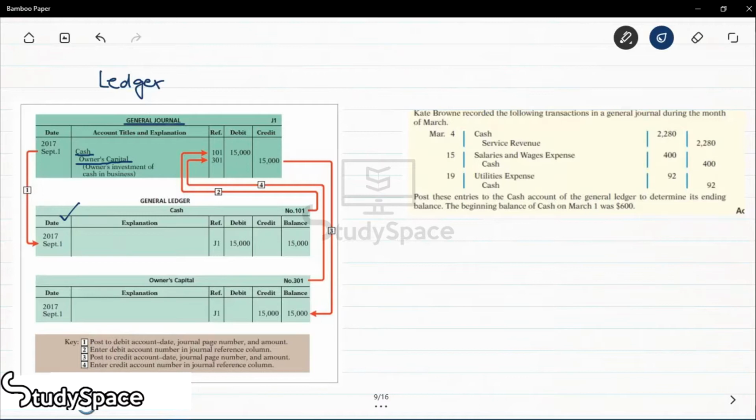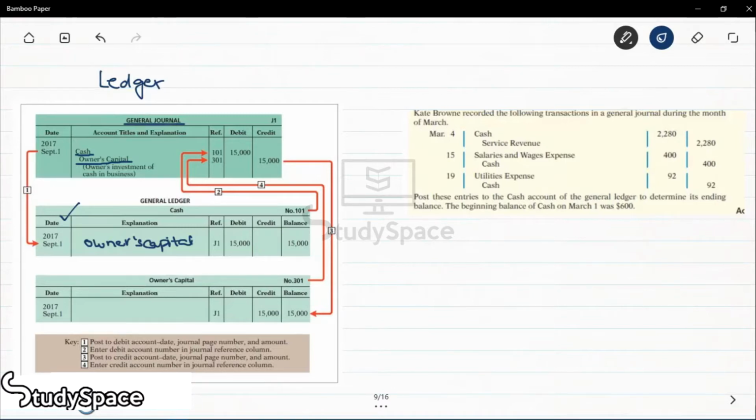In this account, the first column that we have is date. Then we have an explanation explaining where this money came from. Here generally we would write owner's capital or capital, whatever you have named the capital account, and we would then debit the amount by which it has been increased.